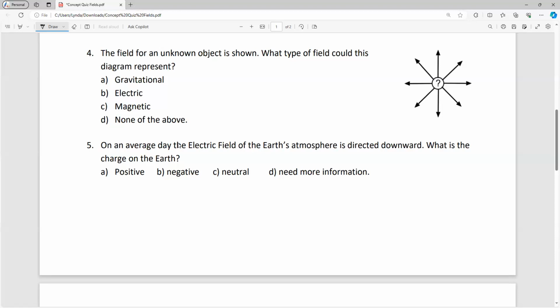Would it be electric? Yeah, it's electric, and it looks like charge inside is which side?